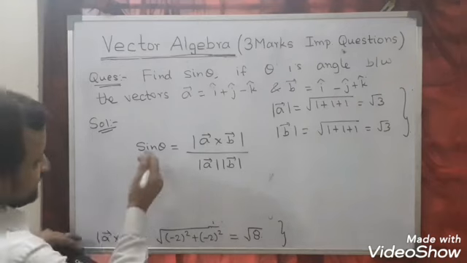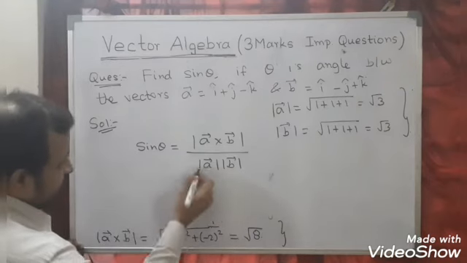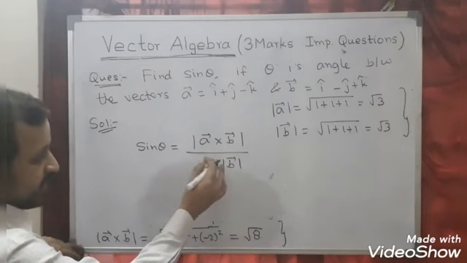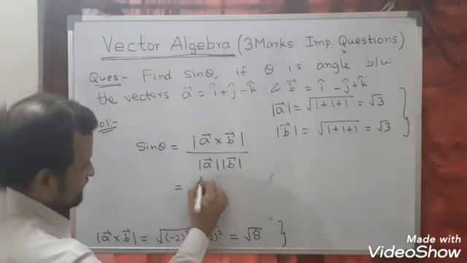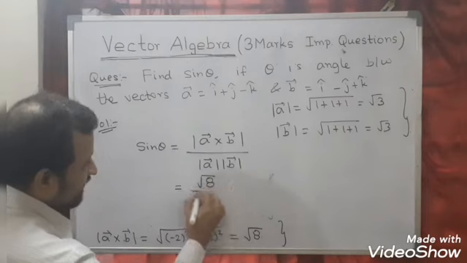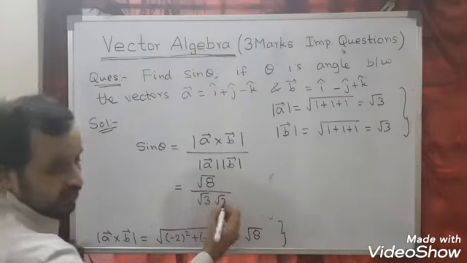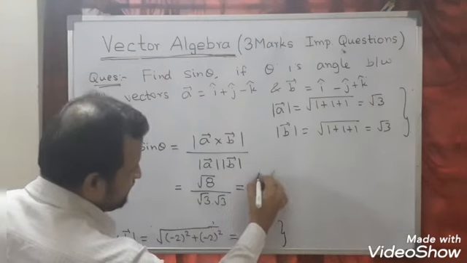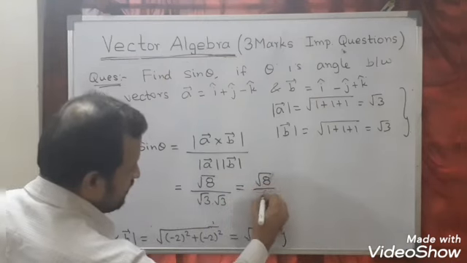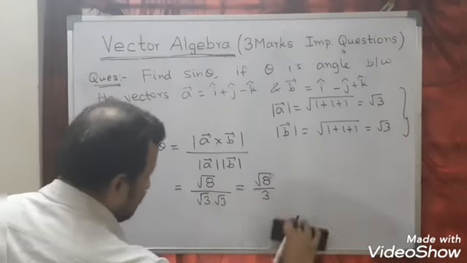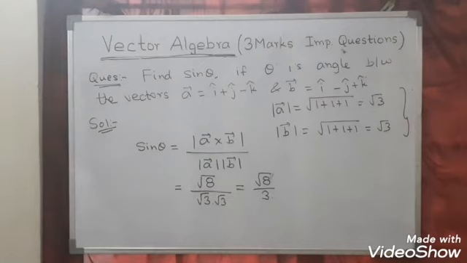Sin theta is equal to the magnitude of A cross B divided by mod A mod B. So it is root 8 divided by root 3 into root 3. Root 3 into root 3 is 3. So finally the answer of this question is root 8 divided by 3. This is the required value of sin theta.